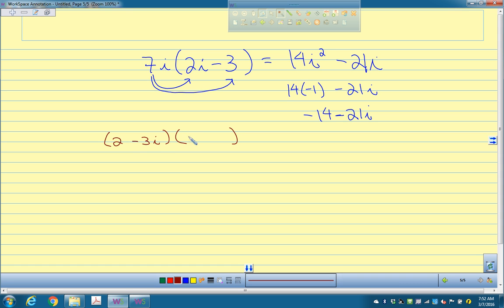Okay? So if you have binomials, 4 plus 5i, I multiply my two first terms. What do my two first terms give you? 8. Okay? My two outer terms, which a lot of you guys seem to forget when you're multiplying binomials, 2 times 5i makes how many i's? 10i, right?